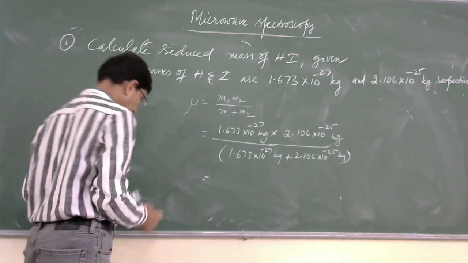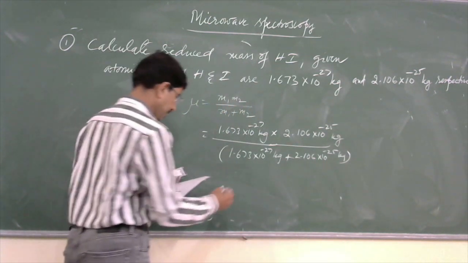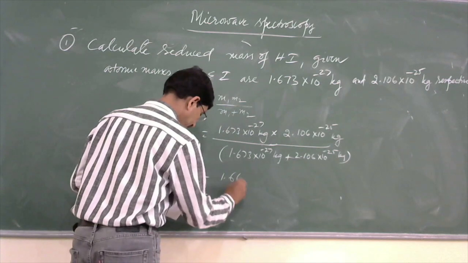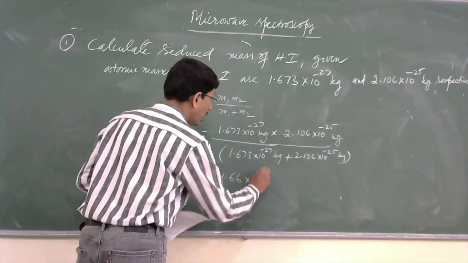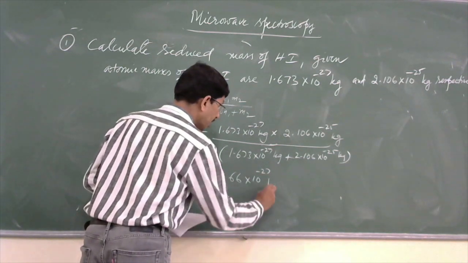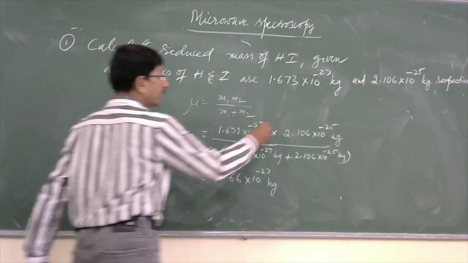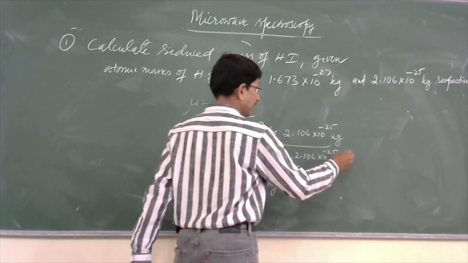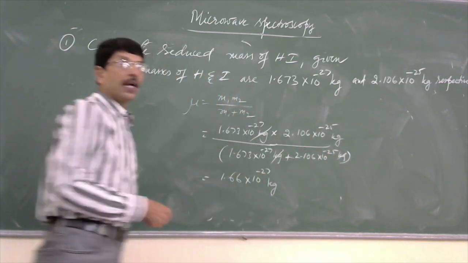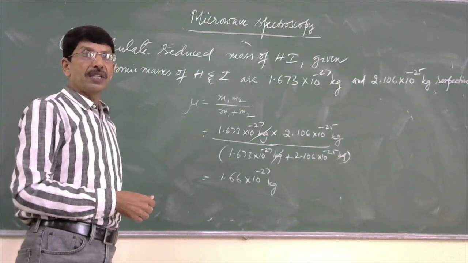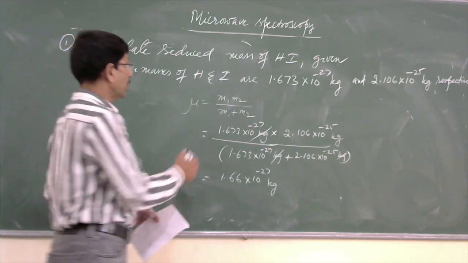When we simplify this, we get the answer as 1.66 into 10 to the power minus 27 kilograms. Look at this, kg gets cancelled. Ultimately, the SI unit of reduced mass is kilograms.